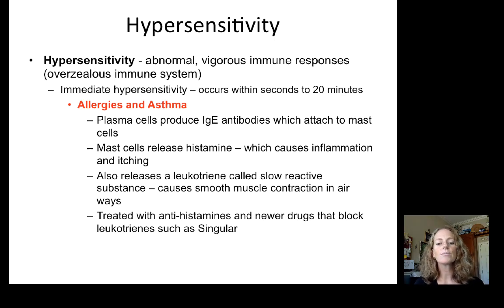They can also release a leukotriene, a slow-reacting substance that causes smooth muscle contraction in the airways. That will constrict the airways and cut off airflow. This can be treated, though, with antihistamines and newer drugs that block leukotrienes, such as Singulair.